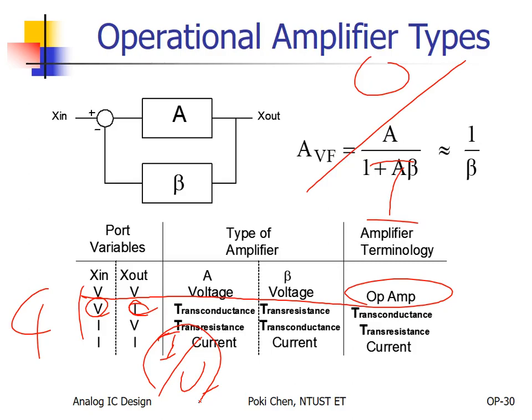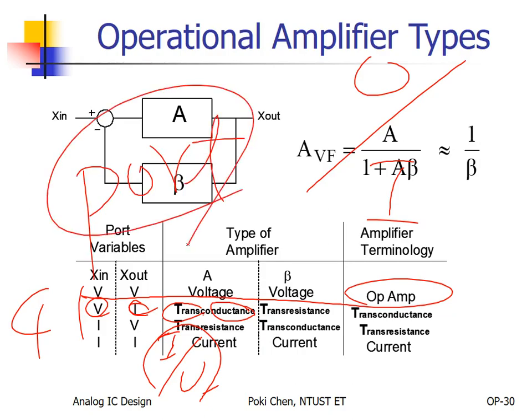We call it conductance, right? A change means what? Input and output belong to different ports. If they belong to the same port, then we don't have the chance.